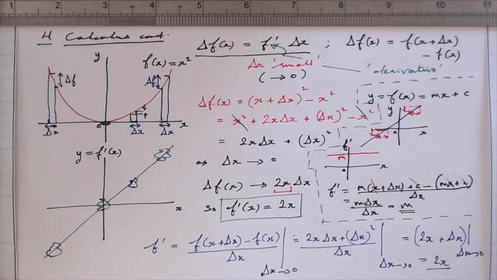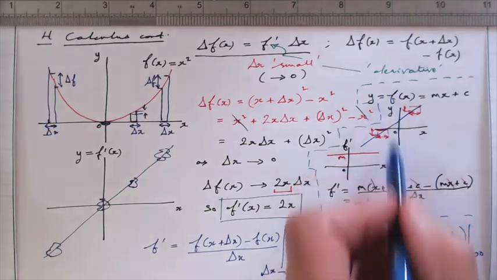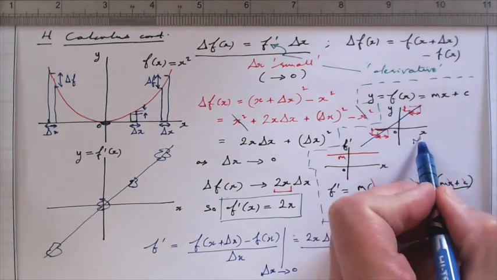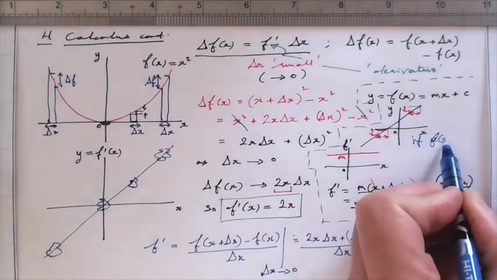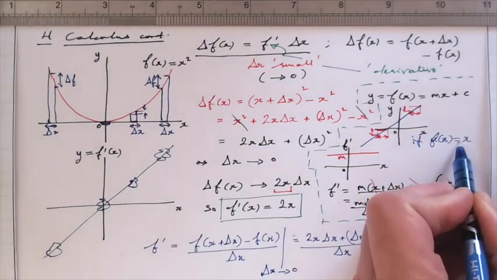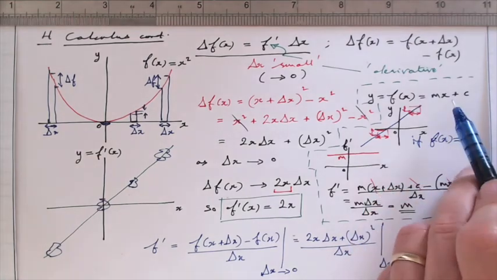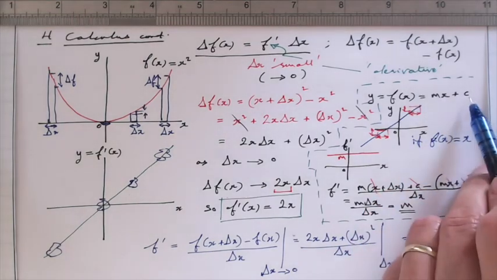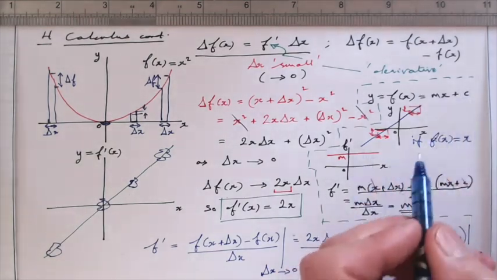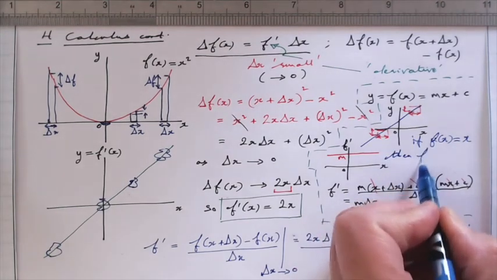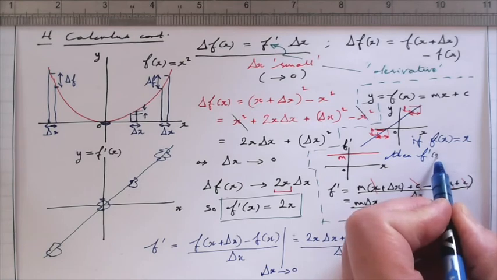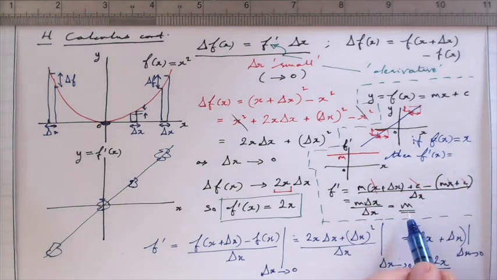Good, okay. Maybe just one last thing to say about this example of the straight line is that if we had taken f of x equal to x, in other words, this straight line with m equals 1 and c equals 0, then we would find that the derivative f primed of x equals m equals 1.